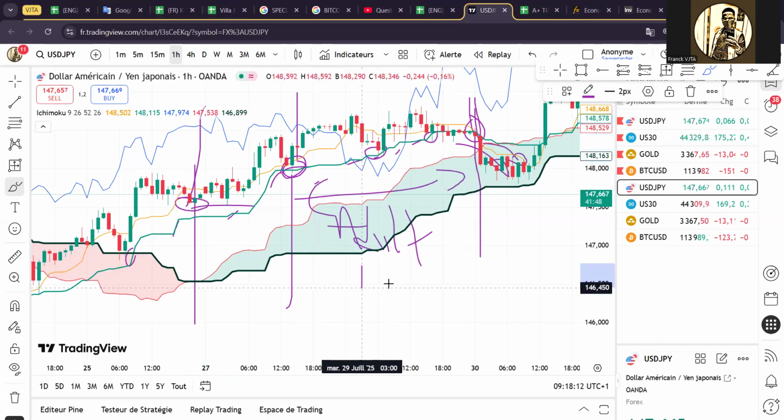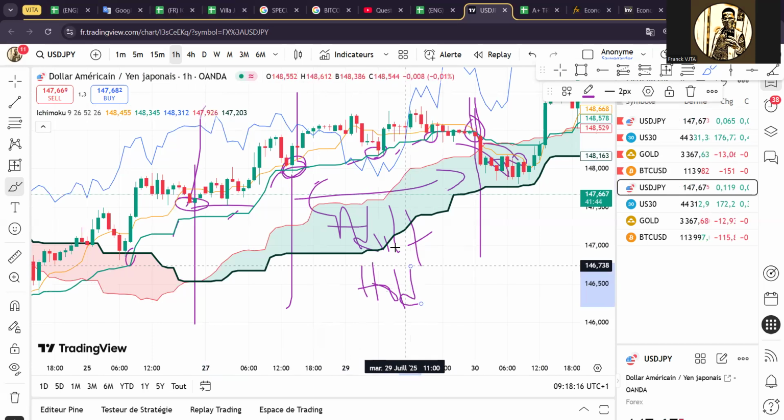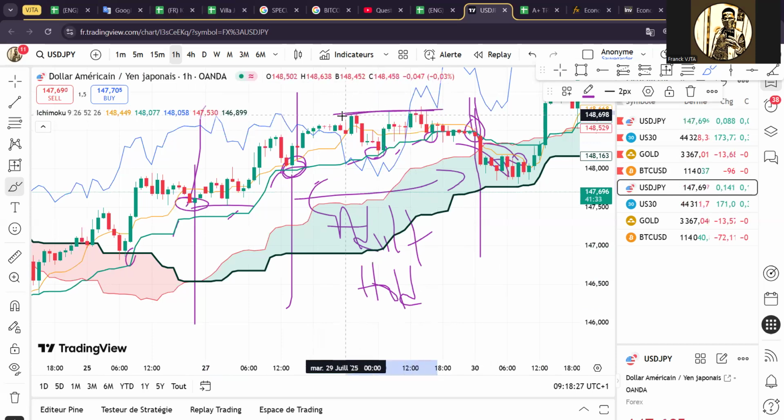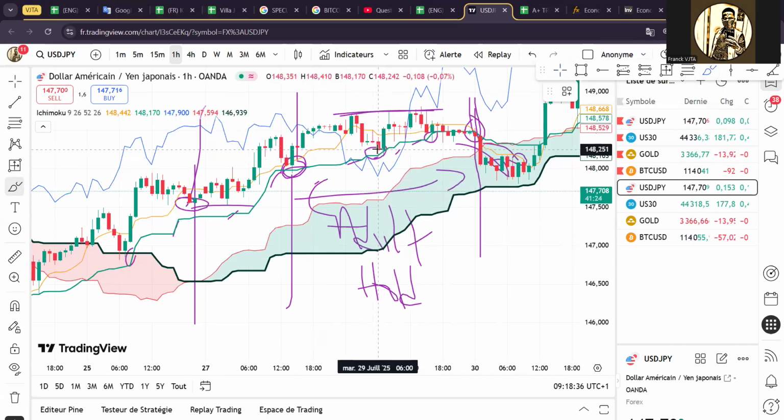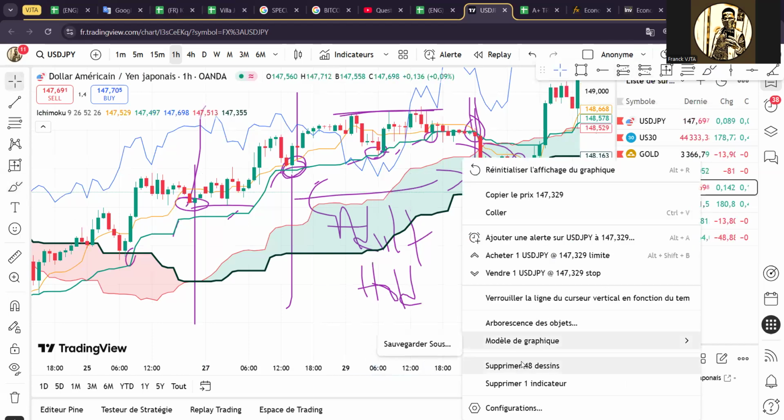This is mostly for holding the position, because when it's already adult, we are almost close to the reversal of the trend or the correction. So adult is mostly for when you should book some profit, or some partial most of the time, or hold the position if you want to continue. But it's not too much for entry. But you can find some short entry if you want to.